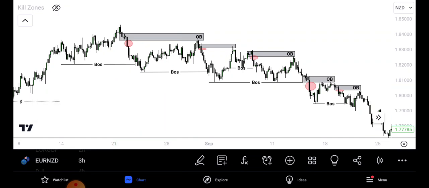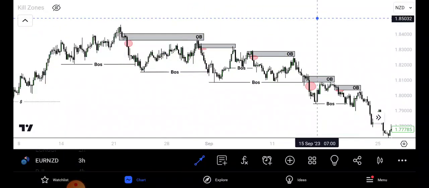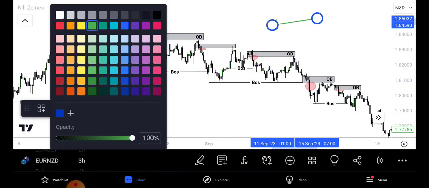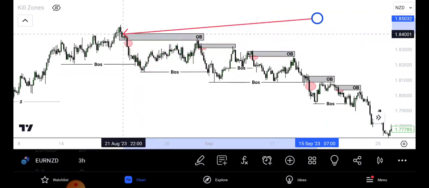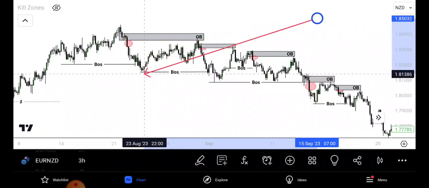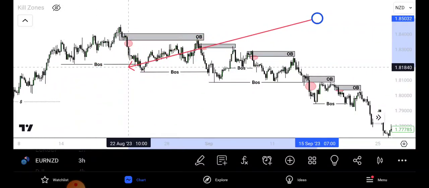The second element was break of structure. You can see that from this zone here, the market broke structure. So that is element 1, we see our break of structure.